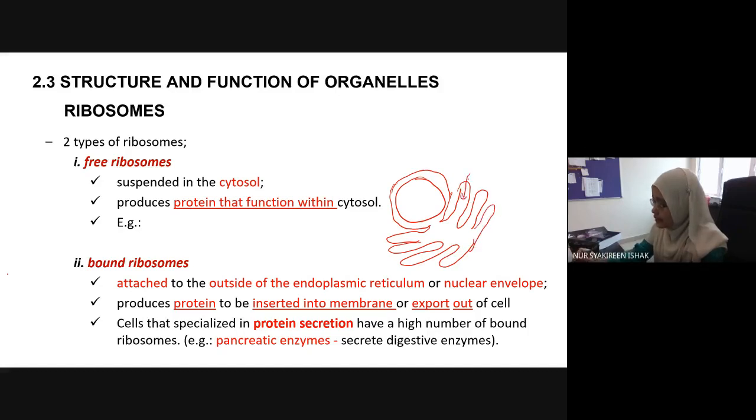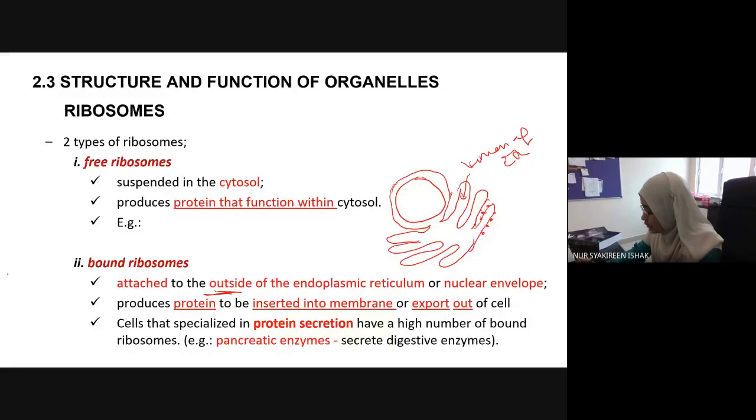Here you have the lumen of ER, the space within the ER, and the ribosomes are found attached to the outside of the endoplasmic reticulum.